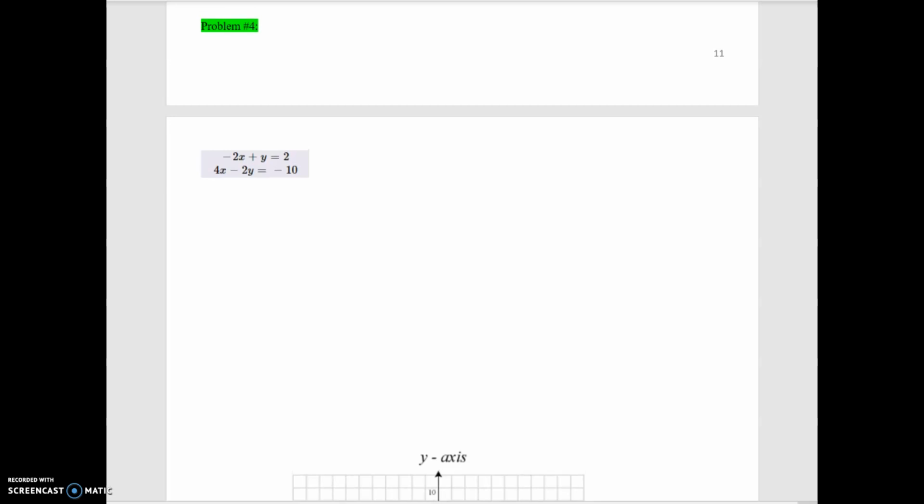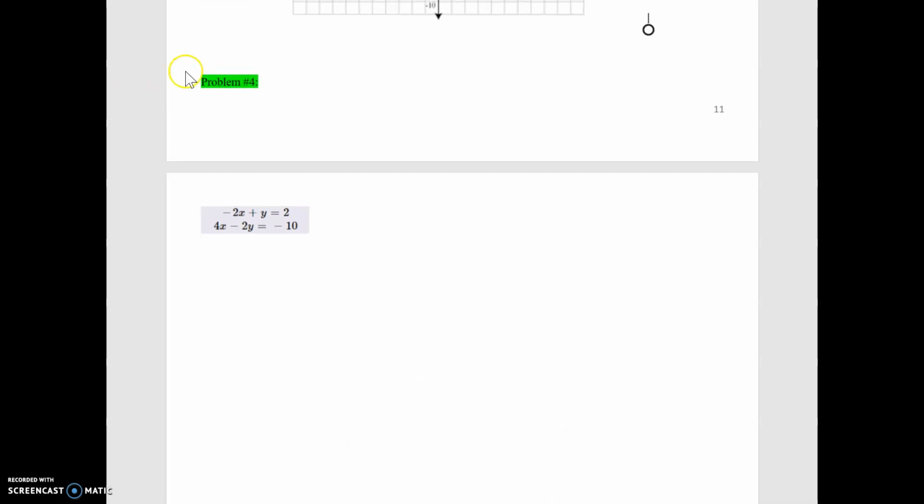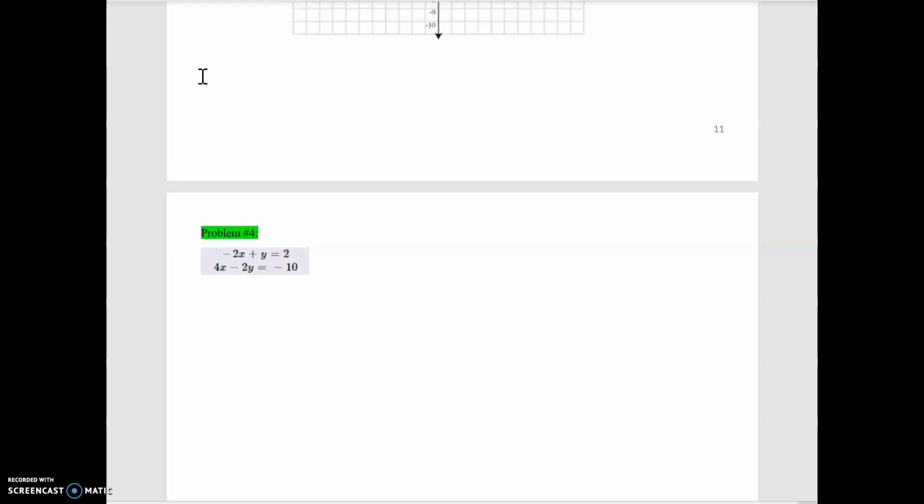Let me adjust that portion. And I'm just going to say that this is equation 1 and this will be equation 2. Since we're going to be graphing these, it's probably best if we solve both equations for y.